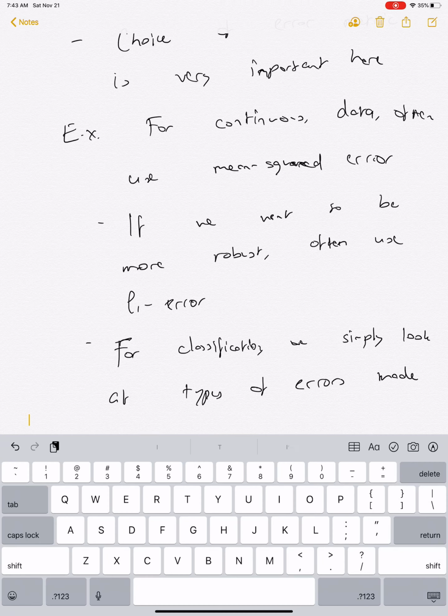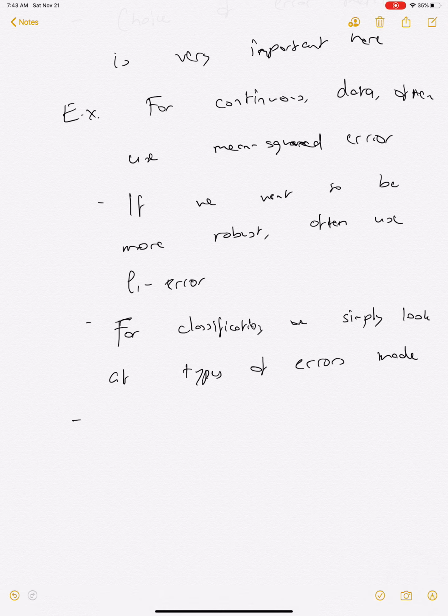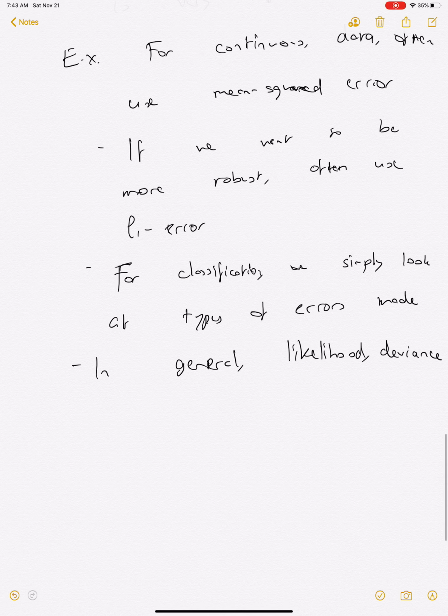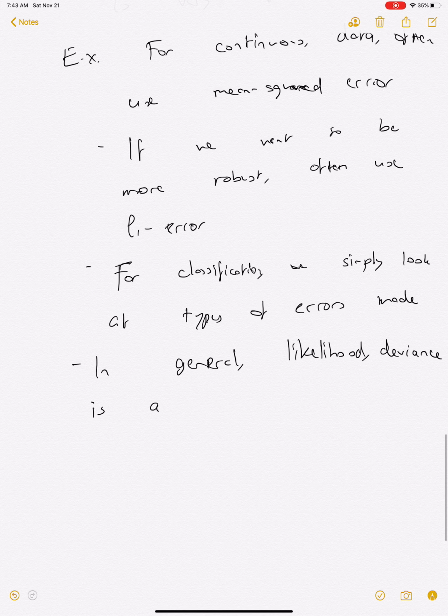And I should also mention that in general, likelihood, and then this other notion of deviance, which if you look at the output of a GLM, they'll often report the deviance, is a widely used measure that is tied to the model.